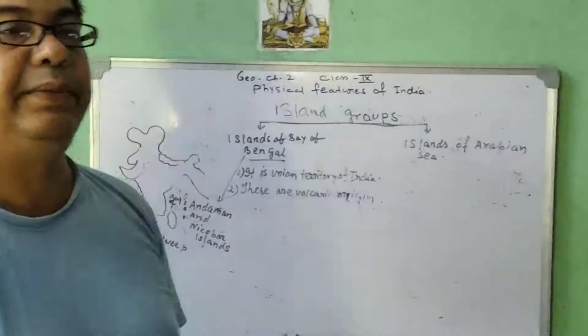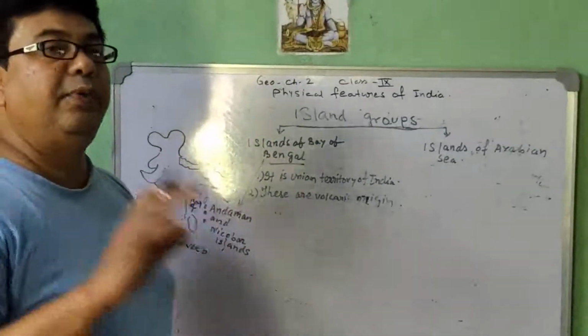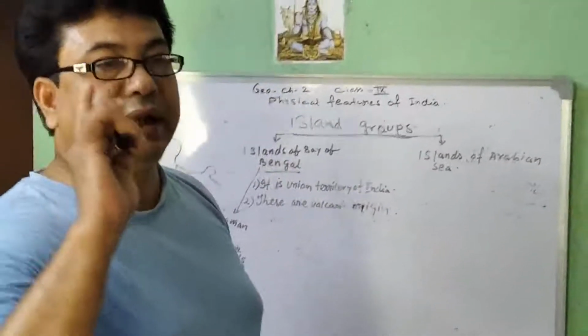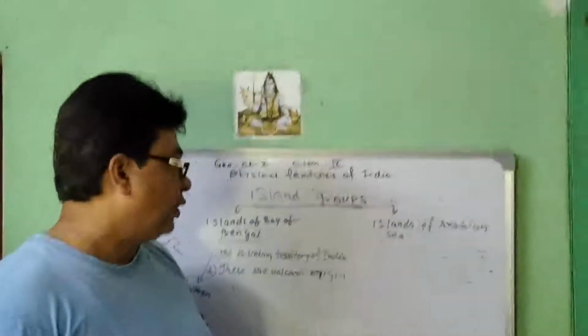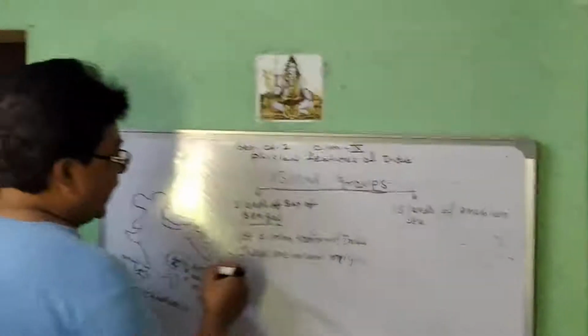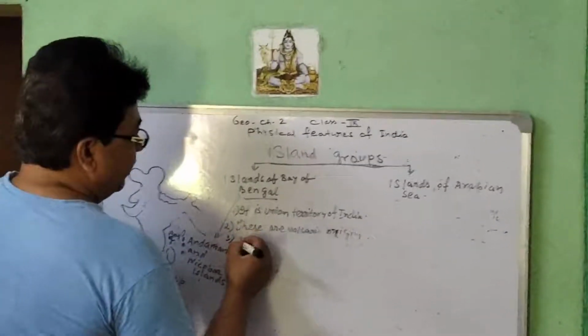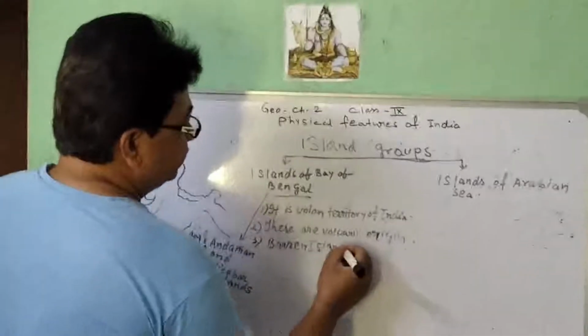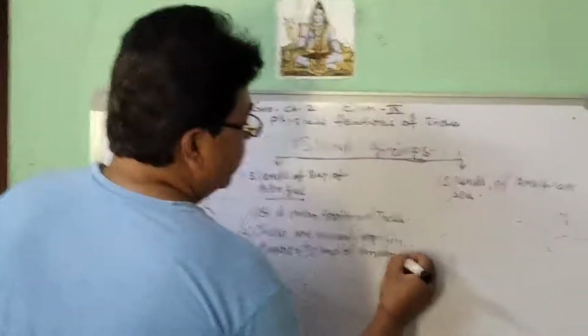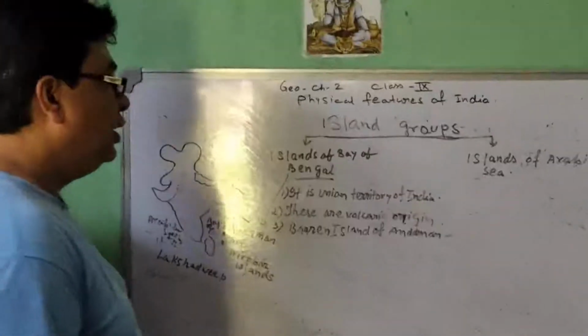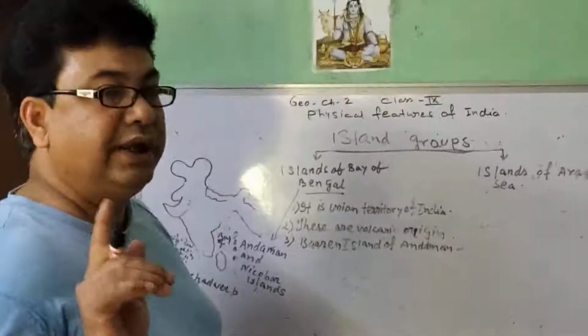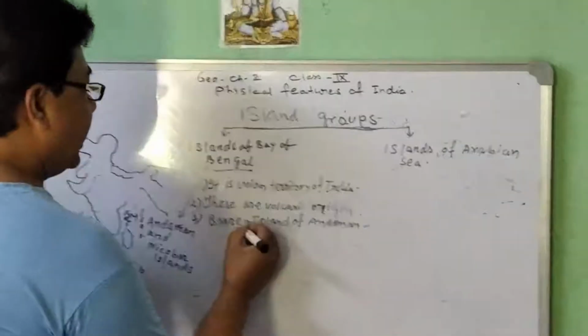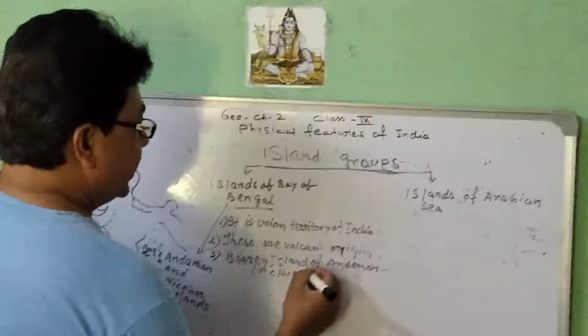So volcanic activities are there, because the only active volcano of India is located in the Andaman and Nicobar Islands. This active volcano is known as Barren Island. Number three, Barren Island of Andaman. The active volcano is there only.